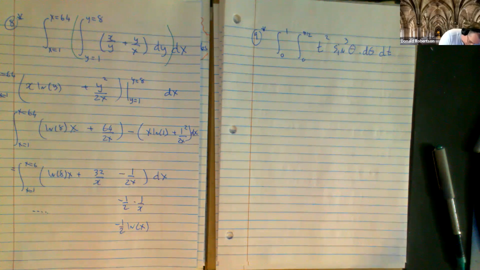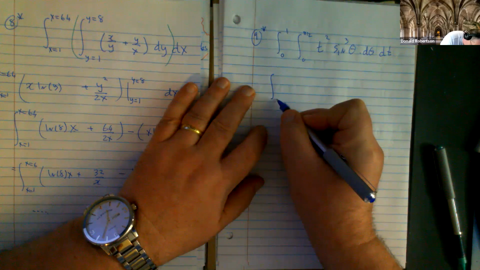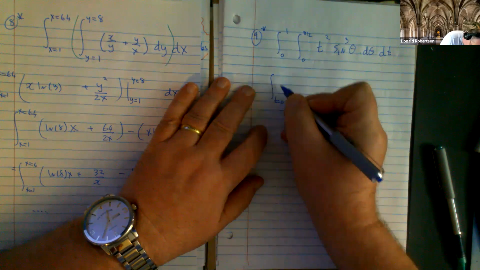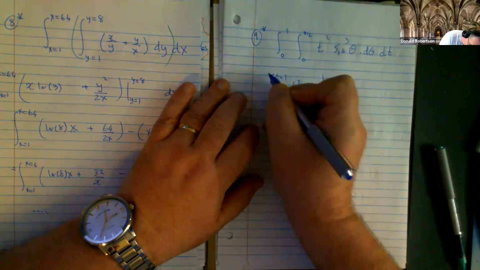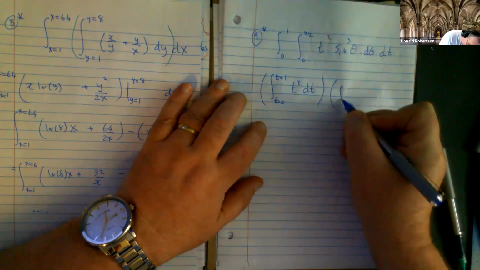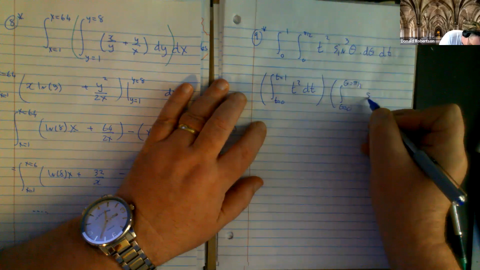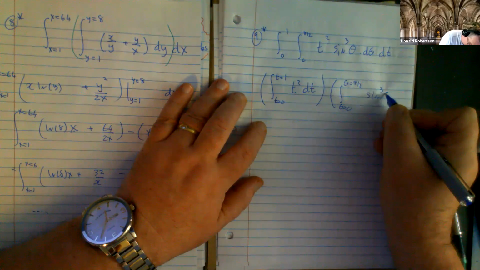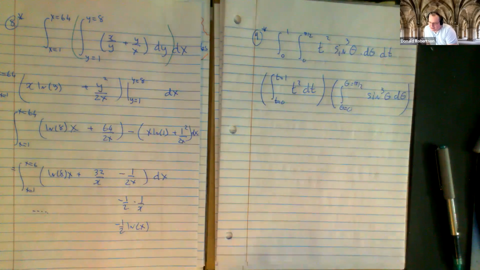And when you are variable separable, you are allowed to do the following. Isn't that nice that you can separate a double integral as the multiplication of 2 separate integrals?